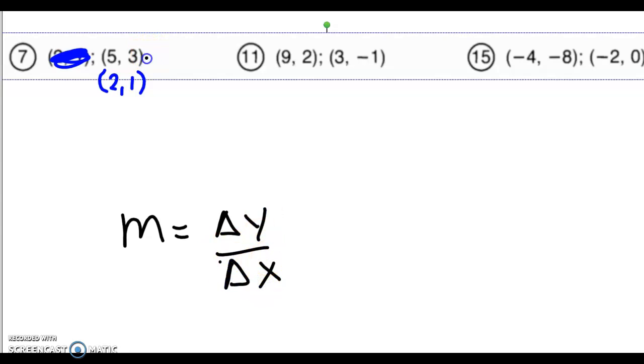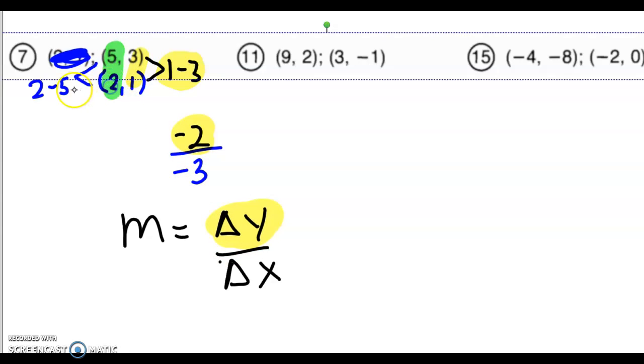So to find the change, you just subtract 1 minus 3. That'd be negative 2. And then 2 minus 5. 2 minus 5 would be negative 3. So again, all I did was I did change in y over change in x.